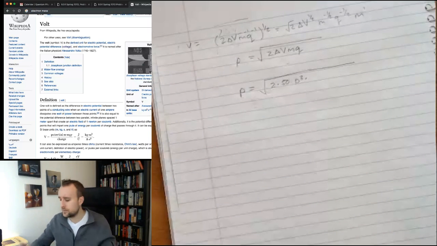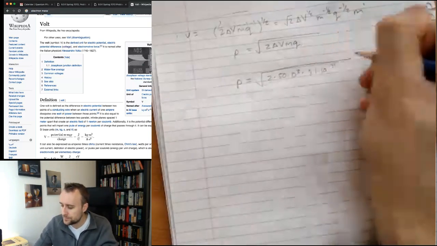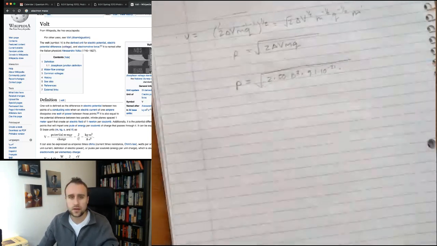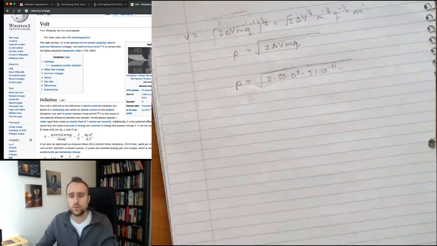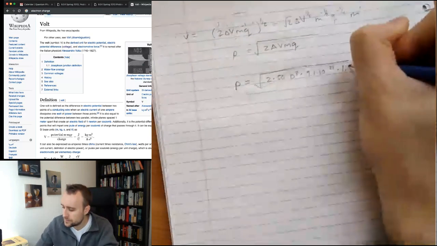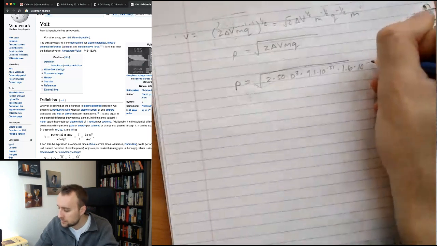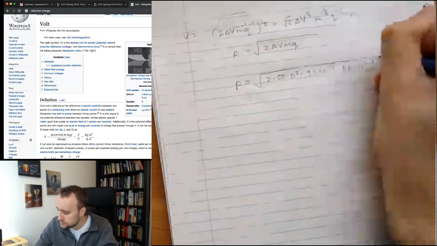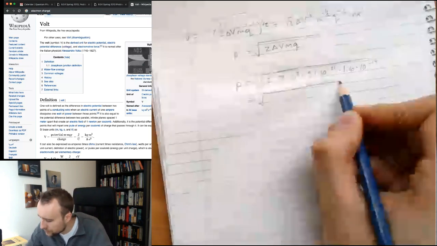Yeah, 9.1 times 10 to the negative 31 times electron charge, which is 1.6 times 10 to the negative 19.